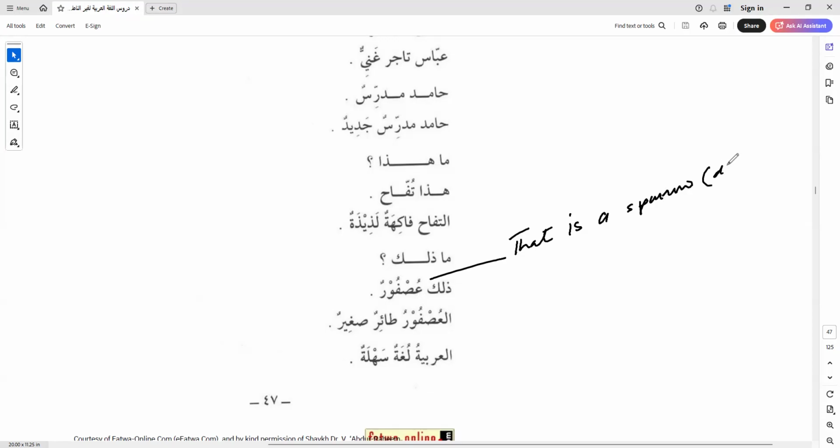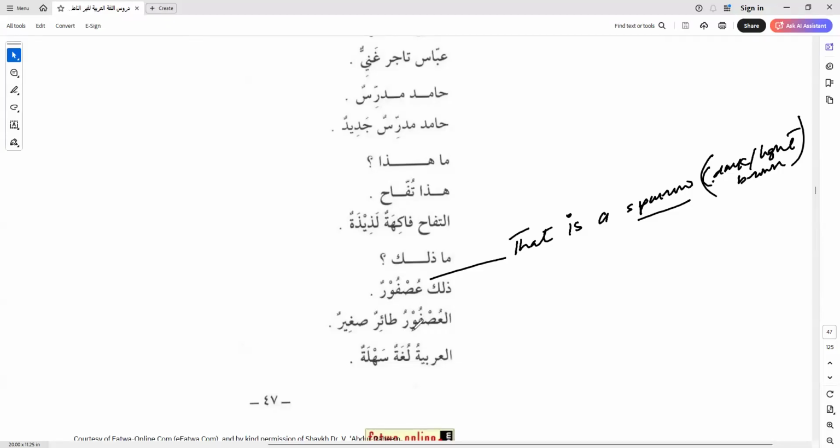They can be dark brown or light brown. They are common. They are global. They are everywhere. I've seen some in America here. Sparrow, عصفور. That is a sparrow. ذلك عصفور.